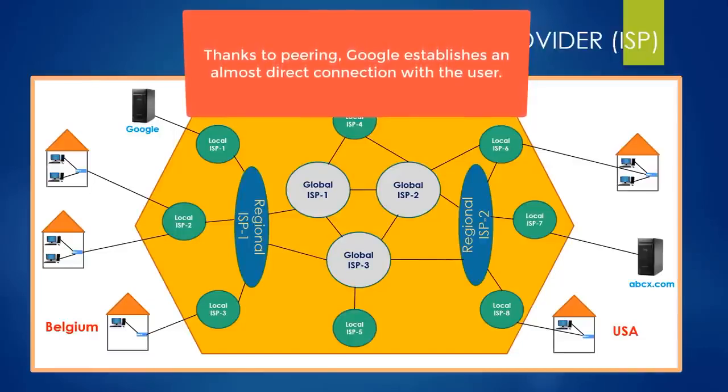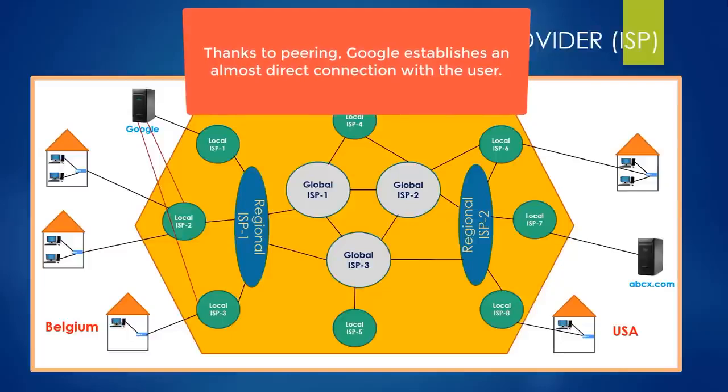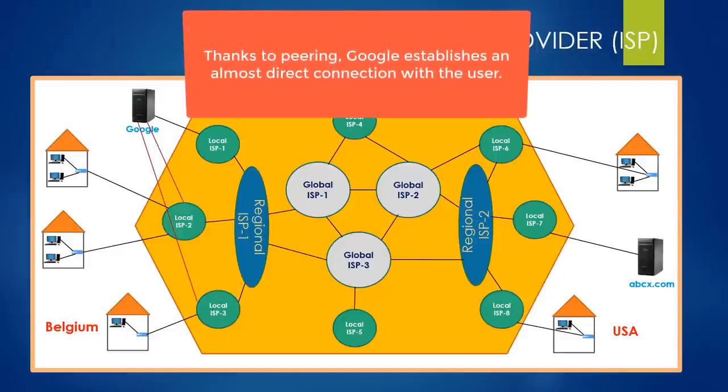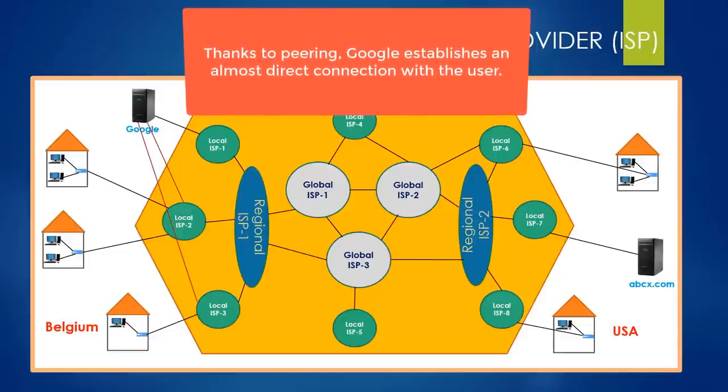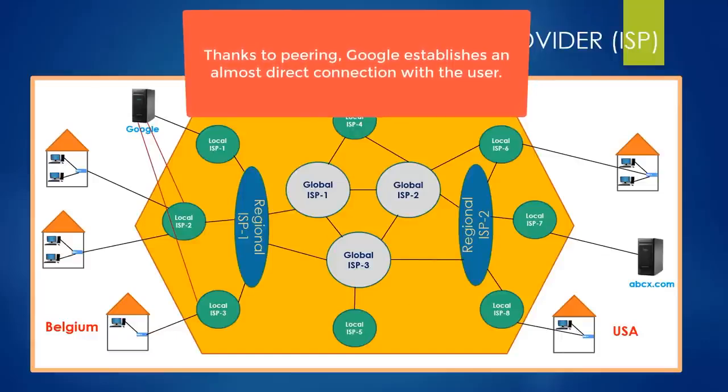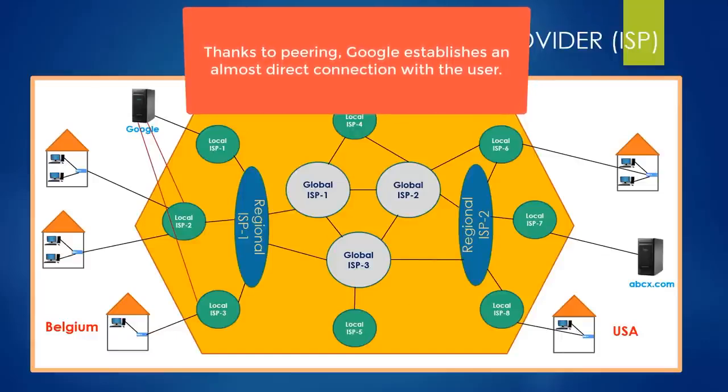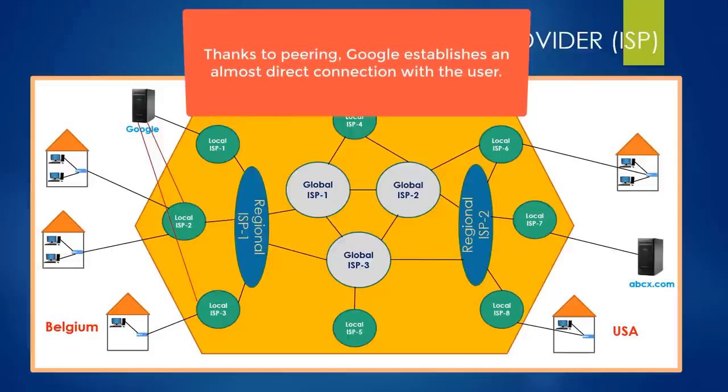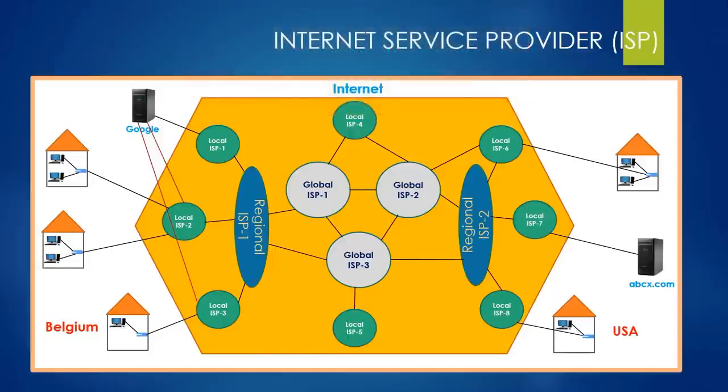As you can see in the animation, Google connects directly with the local ISPs. Thus, when we want to get a service from Google, we will be able to communicate directly with Google servers without using ISP infrastructures. In this way, Google can communicate with the customers much more effectively and quickly.